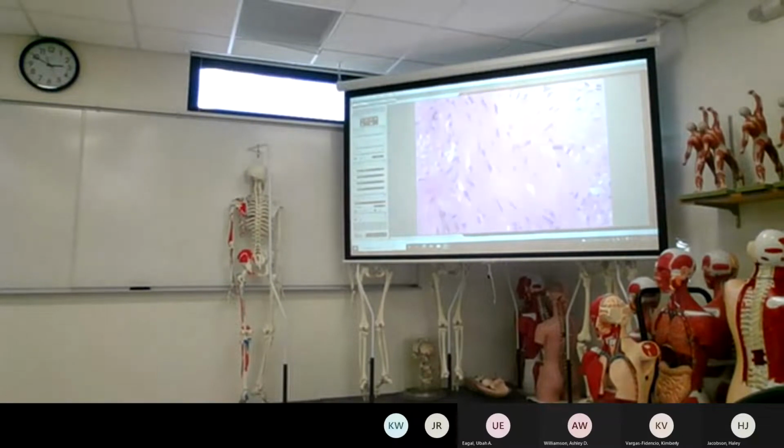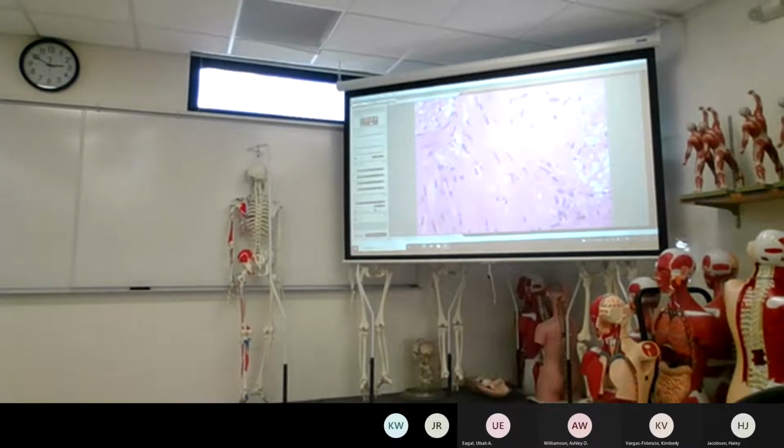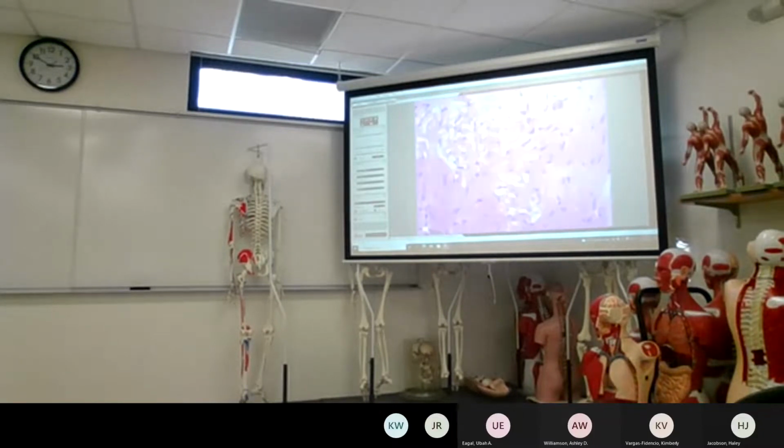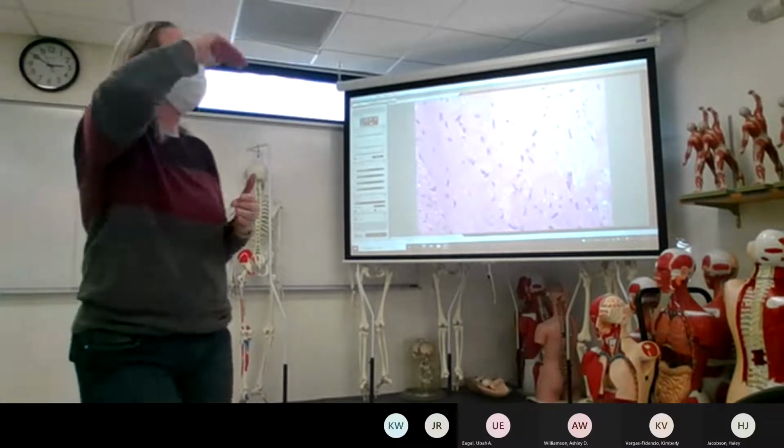You want to see them longitudinally. Then we should see some intercalated discs. I haven't been able to really find it on this slide yet. The pictures in your book show them really well, because remember these cells have single nuclei for the most part, and where one cell ends and another cell begins, you should see some thicker bands. I can't seem to find them on here.